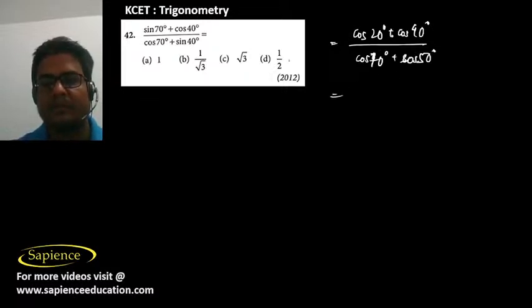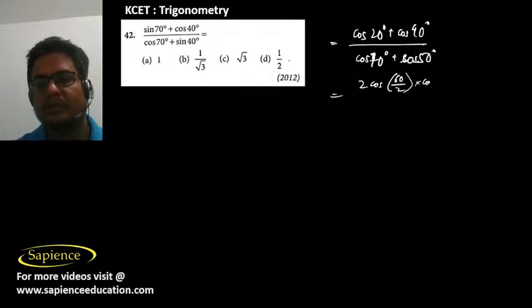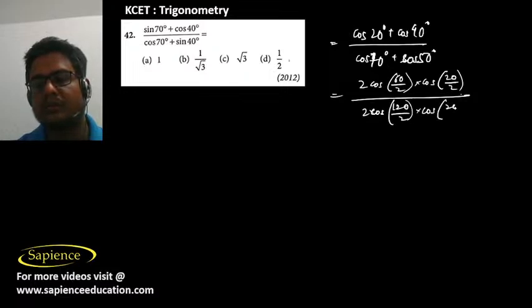So this will be cos 20 plus cos 40, that is 2 cos (c plus d) by 2, so that is 60 by 2, into cos (c minus d) by 2, that is 20 by 2, divided by 2 cos 120 by 2 into cos 20 by 2.